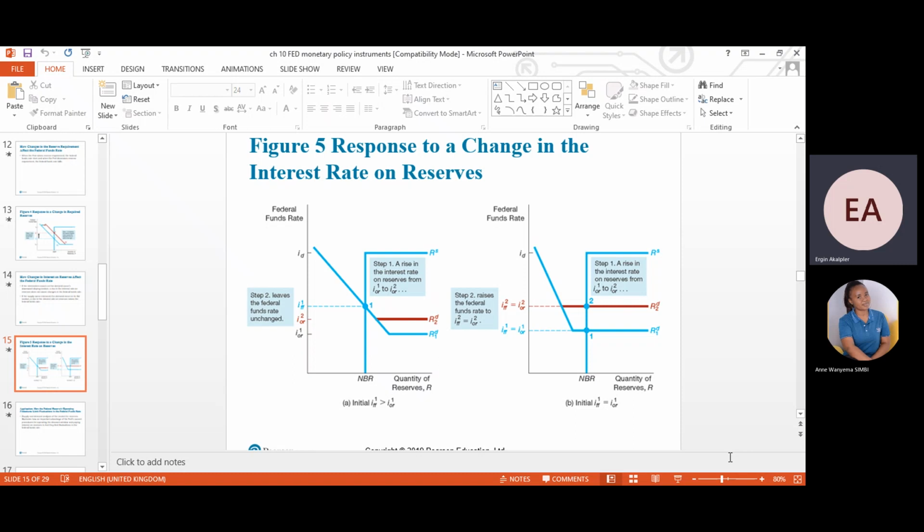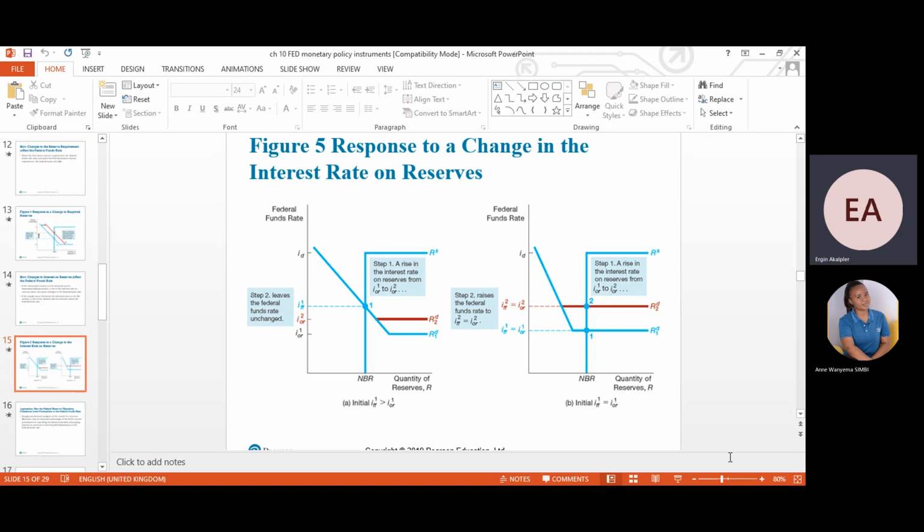You are observing it is not affecting and leaves the federal fund rate unchanged, because it is a little bit lower. And when this is realized, the federal fund rate almost intersects the supply and demand at a lower level, and the interest rate on reserves is shifted to a higher level.